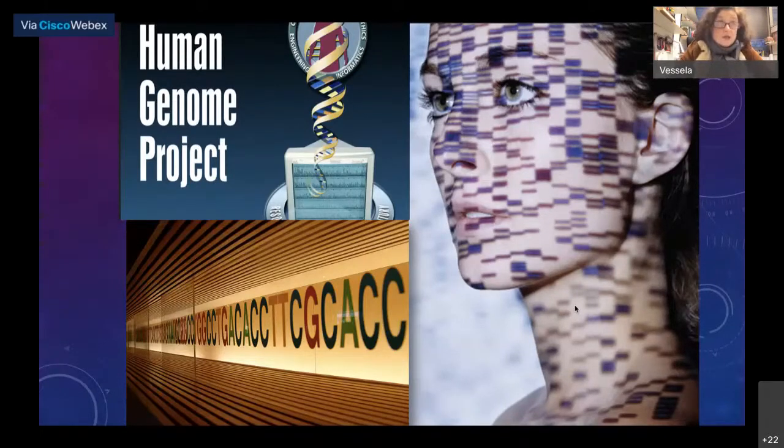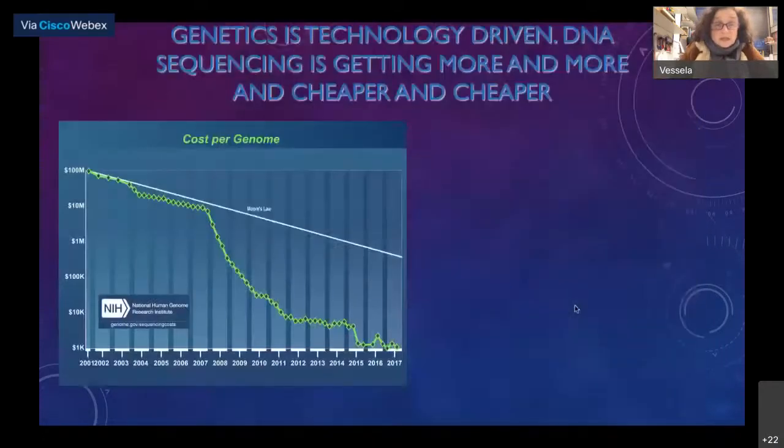In fact, by 2019, there has been in the world, in public databases, 1 million fully sequenced human genomes. That seemed to me like a larger number than I expected.